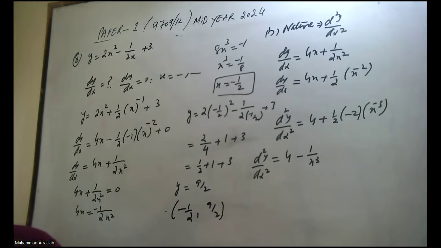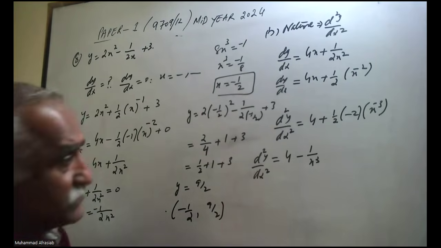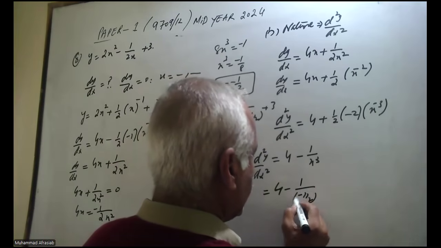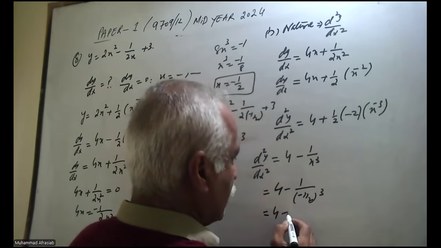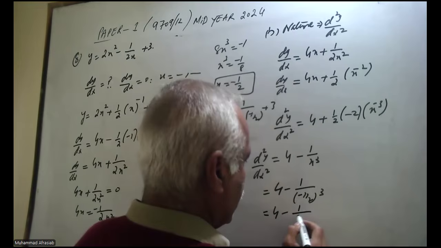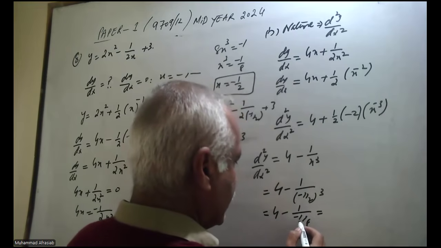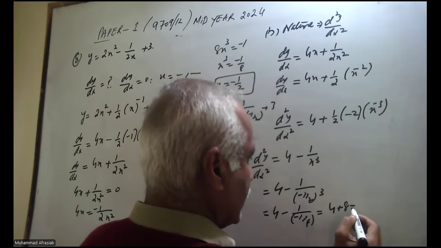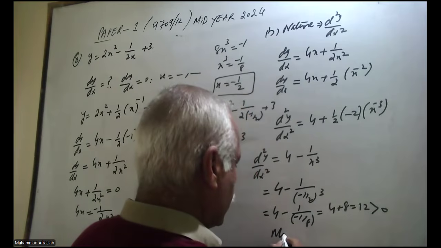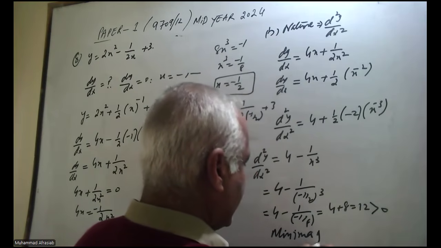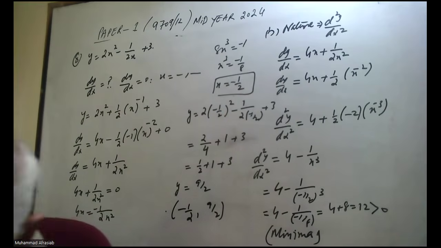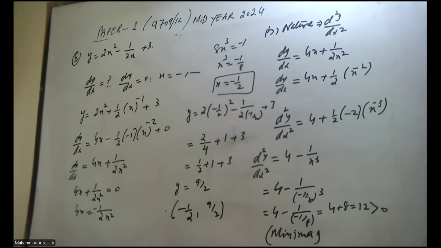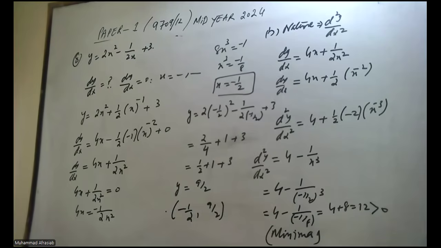Since x value is minus half, 4 minus 1 over (minus 1 over 2) cube, that is equal to 4 minus 1 over minus 1 over 8, that is equal to 4 plus 8, so that is equal to 12, which is greater than 0. So it is minimum at this point. So that is the nature of this point, for the value of x equal to minus half.